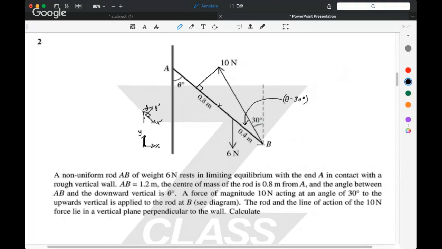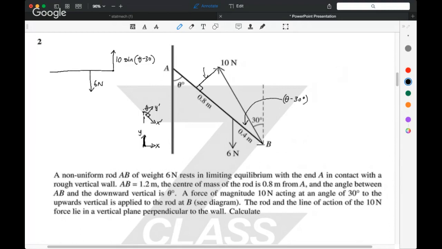we're going to go into the rod's reference frame. So let's imagine that we've rotated our heads, and now the rod is lying like this. So it's got this 6 Newton force going down from its weight, and then over here, it's got an upward component of 10 sine (theta minus 30), which is this one.